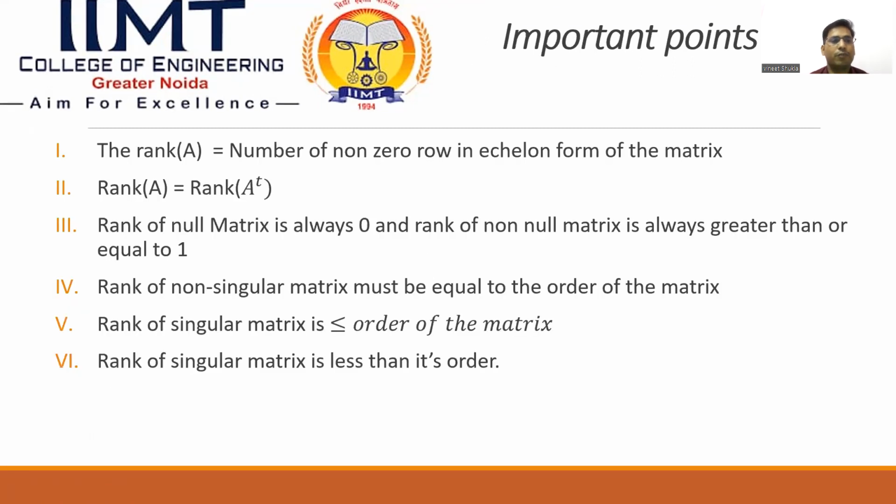Some important points are: the rank of A equals the number of non-zero rows in the echelon form of the matrix, and the rank of A is equal to the rank of its transpose. The rank of a null matrix is always 0 and the rank of a non-null matrix is always greater than or equal to 1.